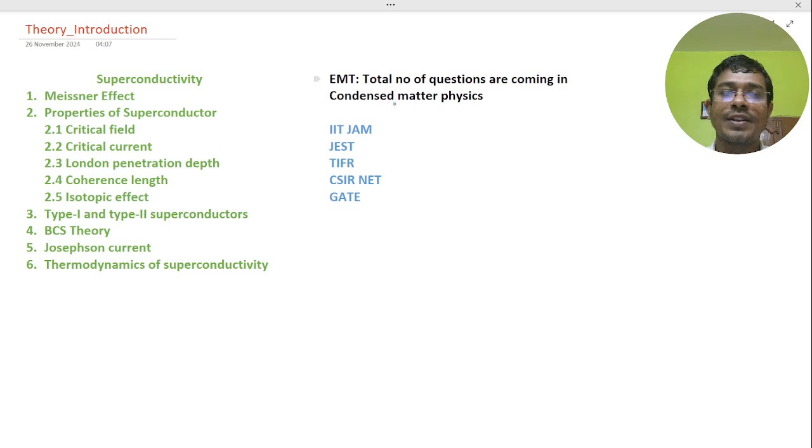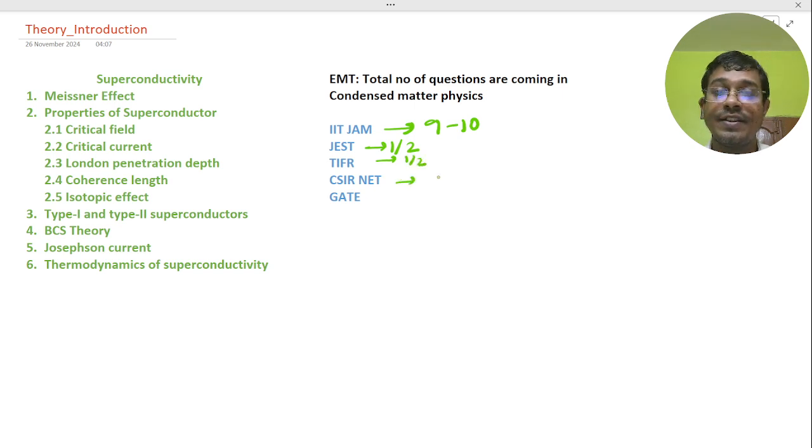Total number of questions coming: in IIT JAM, under solid state physics, devices and electronics, about 9 to 10 questions are coming. In JEST exam there is no specific topic by that name, but somehow 1 or 2 questions come, in JEST and TIFR also.